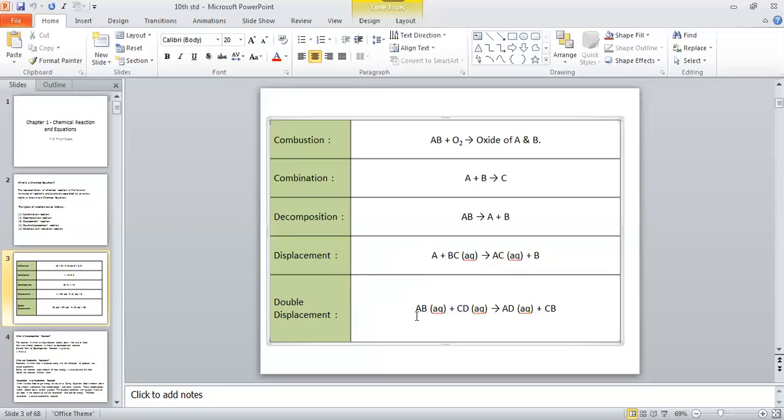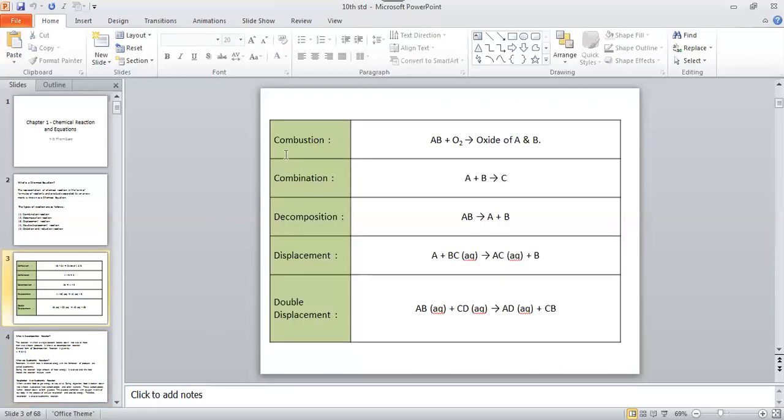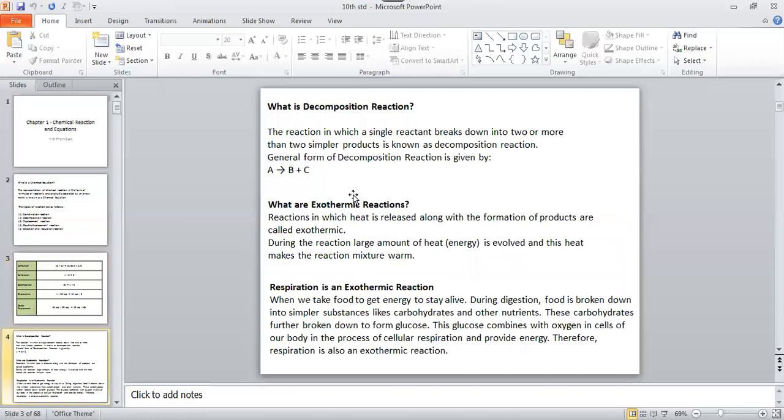In this reaction, the B part of one molecule is substituted by D, and the D part in the other molecule is substituted by B. So at a time there is displacement of two molecules, hence it is called a double displacement type of reaction. So we have studied examples of combustion, combination, decomposition, displacement, and double displacement reactions.